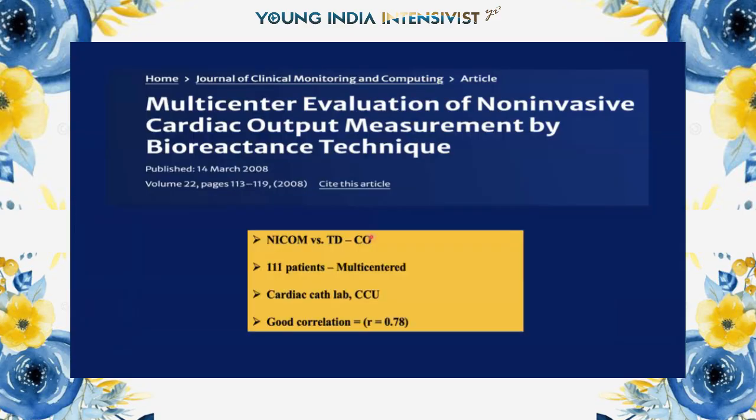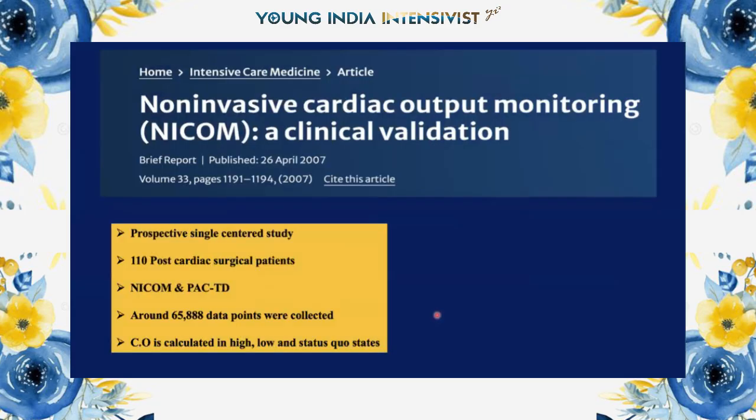This multicenter study has shown good correlation in cardiac patients, and this prospective single center study in 110 post cardiac surgical patients has shown that the reported bias is very minimal, close to 0.16 liters per minute, the level of agreement is good, and the precision was better than that of thermodilution.